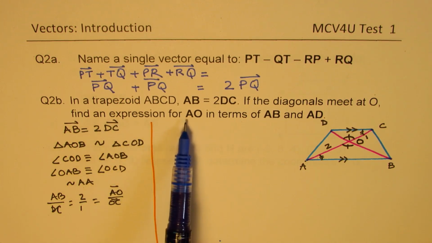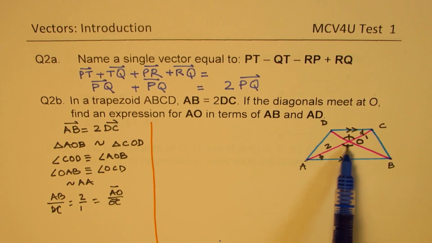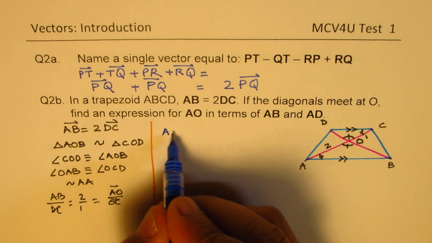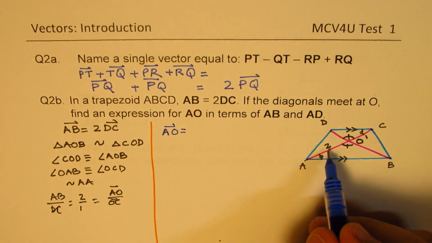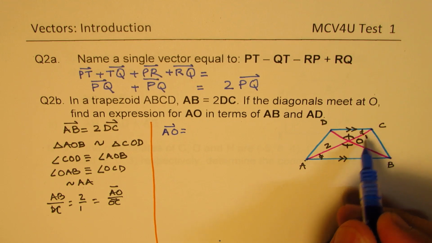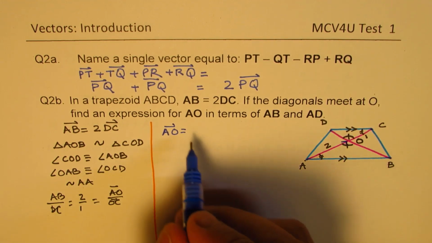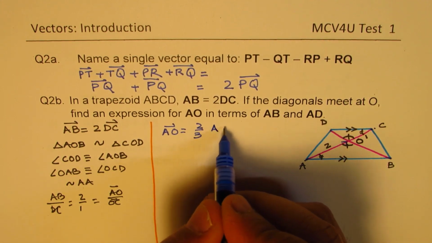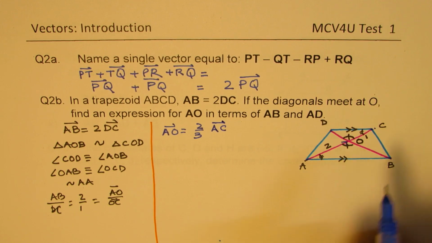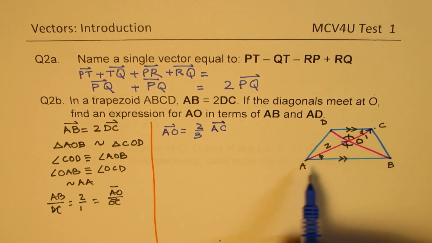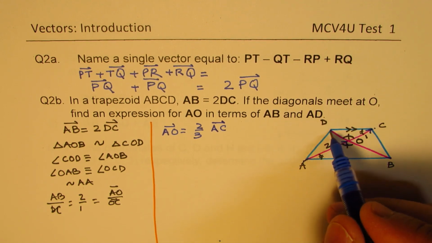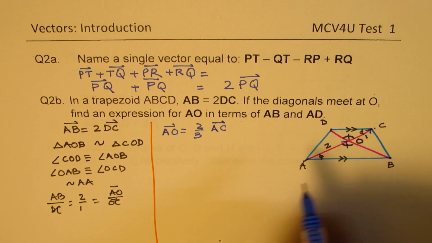Now we need to find an expression for AO. So AO is 2/3 of AC, right? So we can write AO is, if it is 2, this is 1, total is 3. So AO will be 2/3 of AC. Now AC can be written as AD plus DC, right?